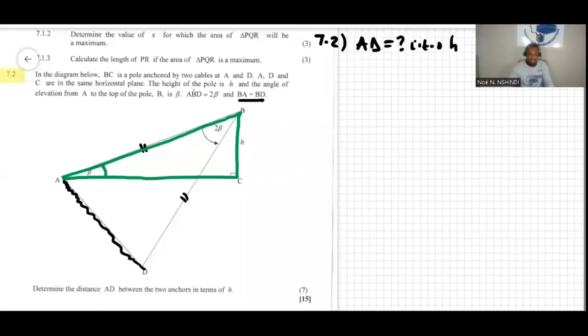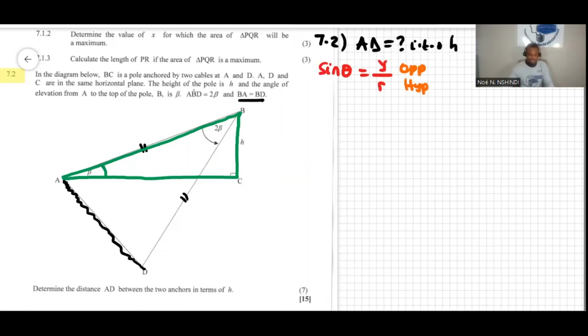We have a given angle here, beta. And what we know is that sine of theta, that's the formula, sine of theta is equal to opposite over hypotenuse, y over r. Y is the opposite side, and r is the hypotenuse.